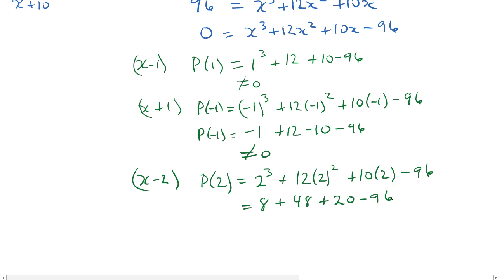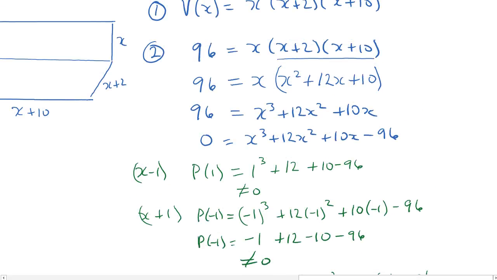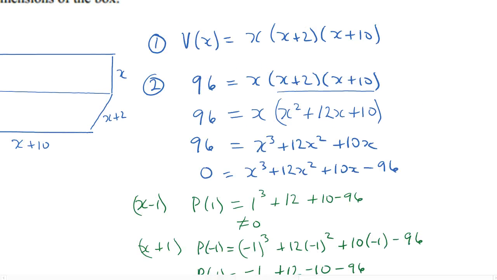Oh, did I make a mistake here? Let me just pause. Okay, I caught my error way back over here, in my multiplying. It is a little too fast. This last term here is 20. I wonder how many of you were screaming at your monitor saying, you got that one wrong. So this should actually be 2 times 10 is 20.